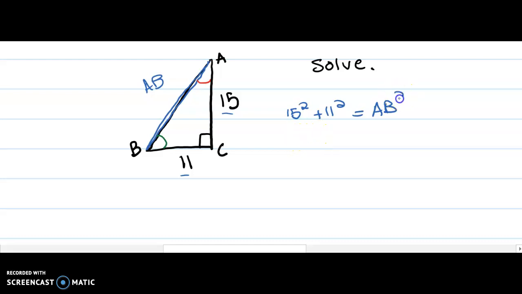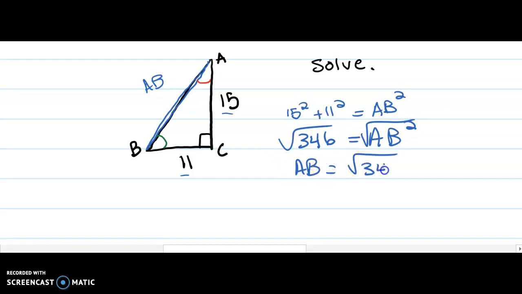That's going to be equal to 346 equal to ab squared. Okay, square root. I have ab is equal to the square root of 340. Okay, so there's ab.